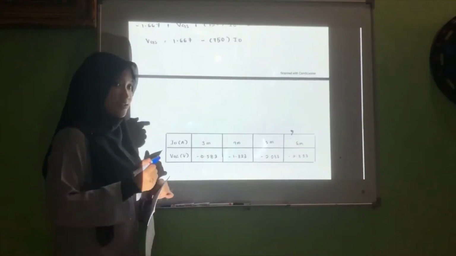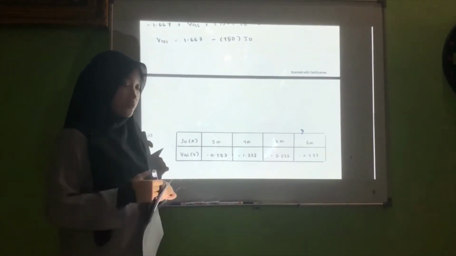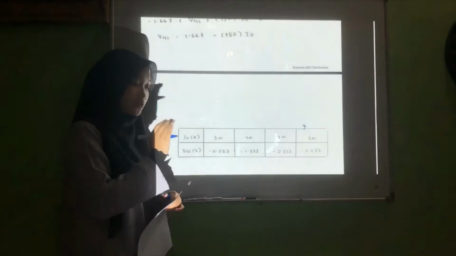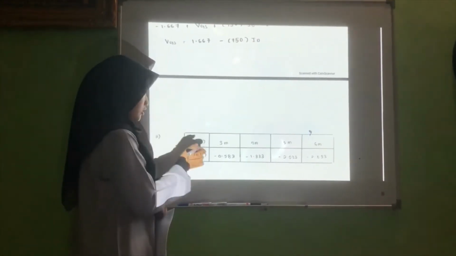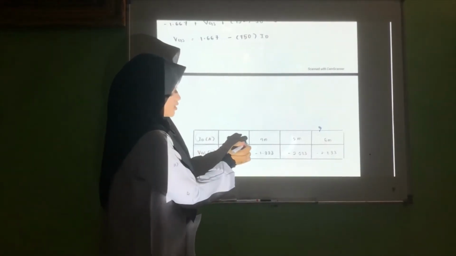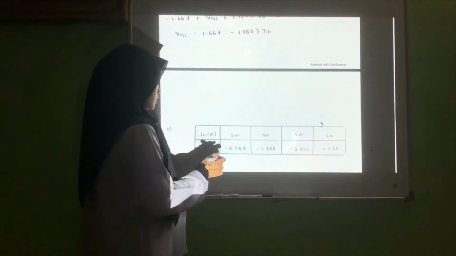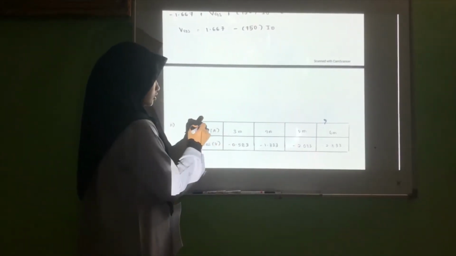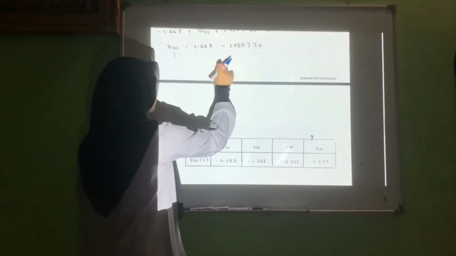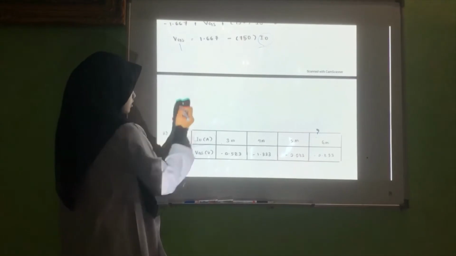Next, we need to make another graph to find the intersection with the graph from previously. So I choose ID values of 3 milli, 4 milli, 5 milli, and 6 milli. The value of ID we put in here, and then we get these values of VGS.